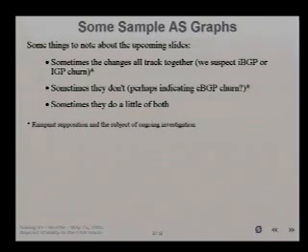So you get this exit point and see this view of the network, and then you get that exit point and see that view, and you're just switching between them. Sometimes they don't track together, indicating changes possibly farther down the stream. And sometimes they do a little of both, which makes analysis more difficult.